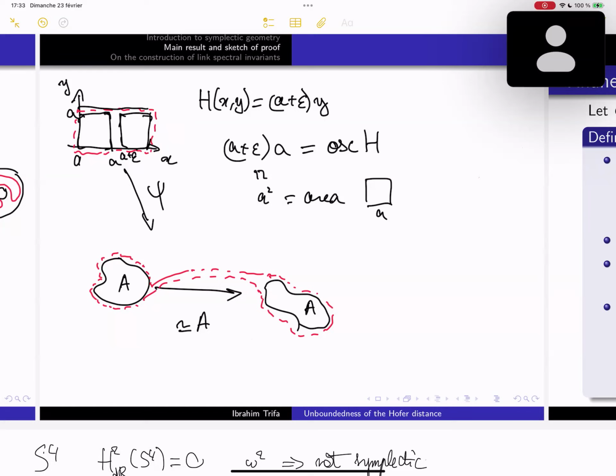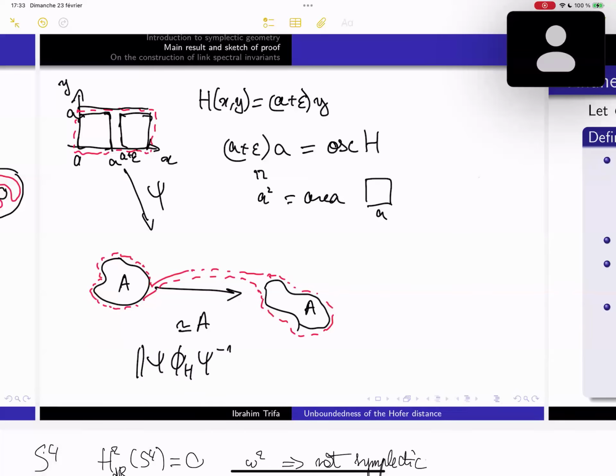This one could have really large Hofer energy, but what I get in the end is that if I take psi h psi inverse, it will map this first circle to the second one.